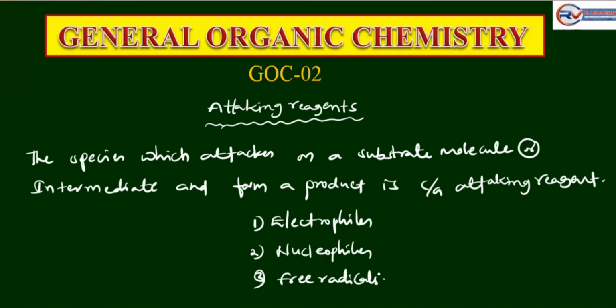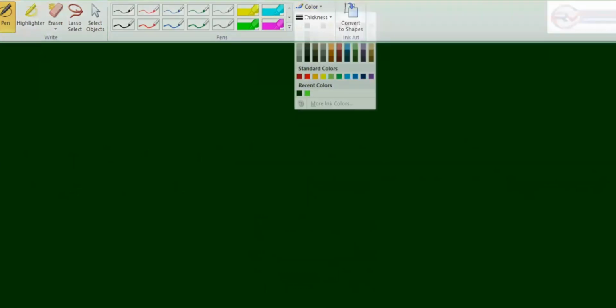Let's start with electrophiles. Electro means electron, philes means loving.